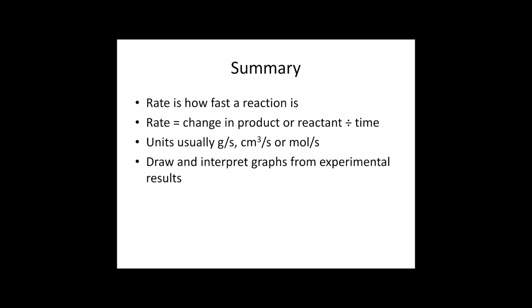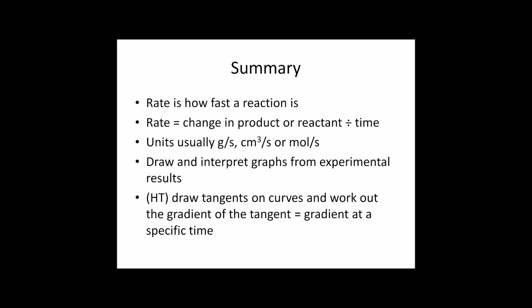You should also be able to draw and interpret graphs from experimental results, so be able to say this reaction is a fast reaction, this reaction is a slow reaction, this reaction produces more product than the other one. And for higher tier, you should be able to draw tangents on curves and be able to work out the gradient of that tangent. The gradient of that tangent is the gradient at the specific time, or in other words, the rate of reaction at that instantaneous moment, that instantaneous rate of reaction.